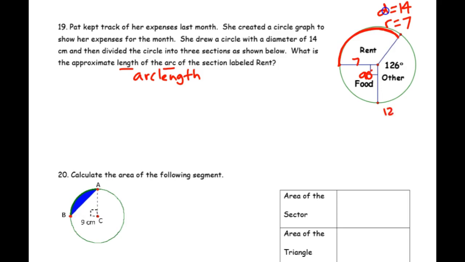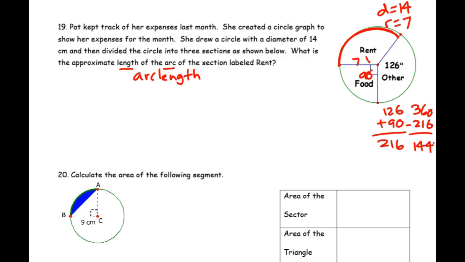So 126 plus 90 is 216. And then 360, the whole circle. Take away the ones we know. Gives us 154. That's wrong, 144.